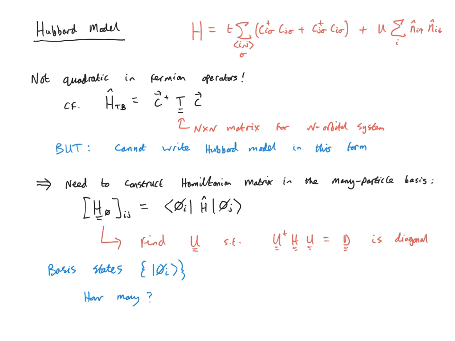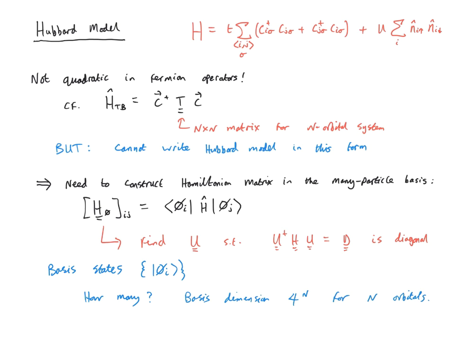Well, if we have spin in the game, then each orbital can either be empty, singly occupied with an up or down spin, or doubly occupied. So it has a four-dimensional local Hilbert space. And so the basis is of dimension 4 to the power of n for n orbitals in the system.